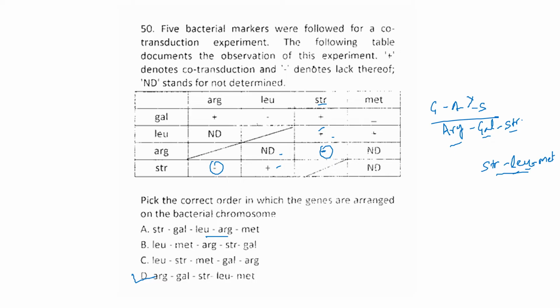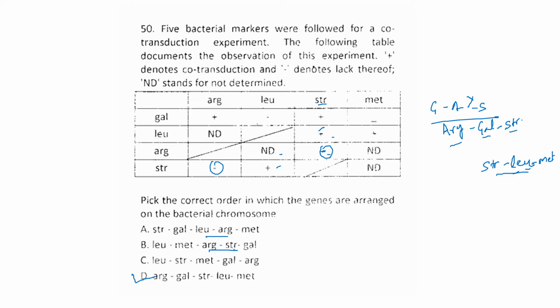Leucine and met, okay, co-transformed. Met and arch, met and arch determined, arch and so this is wrong because arch has not been co-transformed with str.